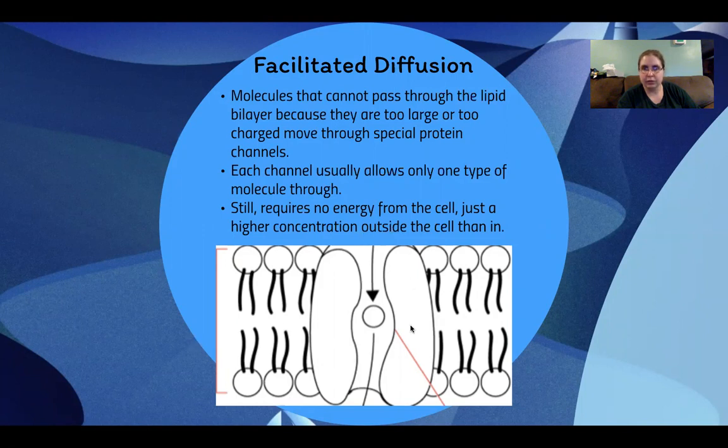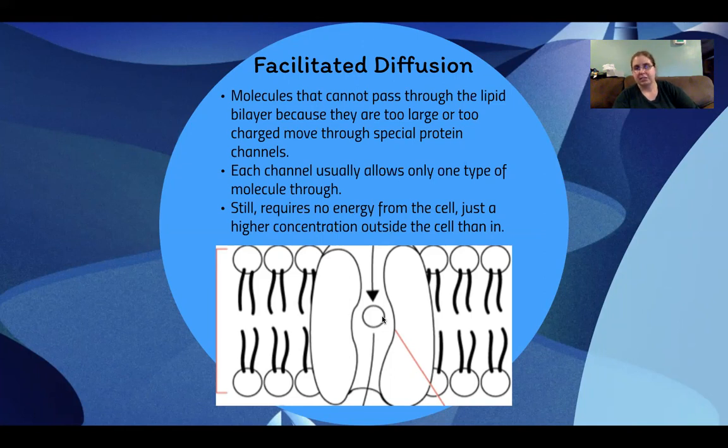Now it's called a protein channel because, well, this tunnel is made out of proteins. And what'll happen is that these are very, very specific. So they'll only let certain molecules through, but it'll allow that molecule free passage back and forth depending on which side has the higher concentration.